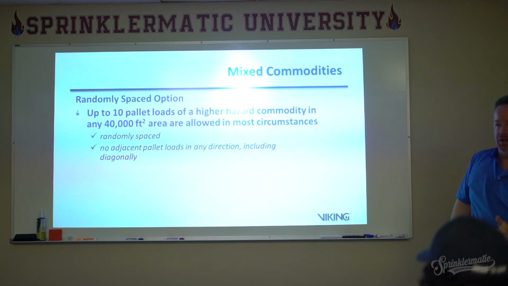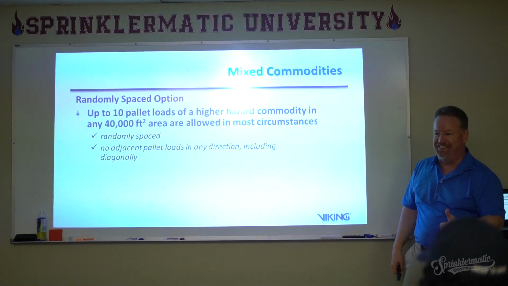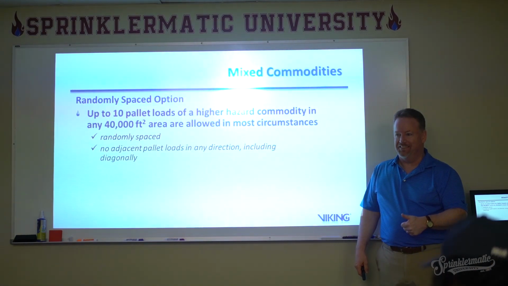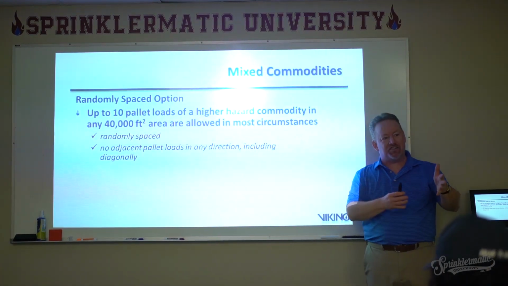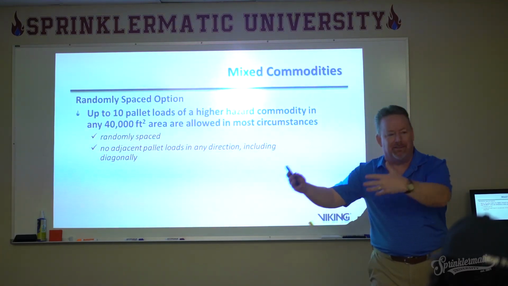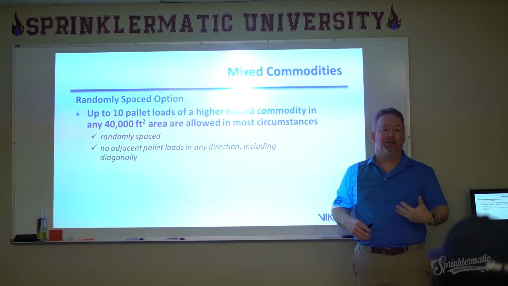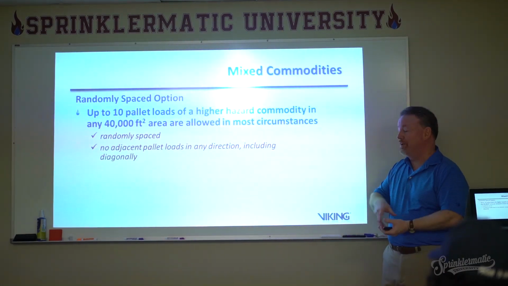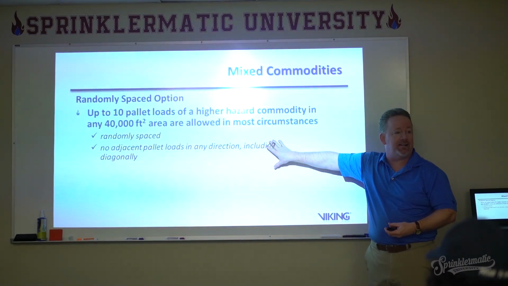Now, that's all well and good on opening day, but how are we going to manage that going forward? Especially as we get a new commodity in. You know, we just got this brand new product we're moving. Oh, it's Group A plastic. Well, all right, let's put it over there. No, you can't. It absolutely has to be maintained.